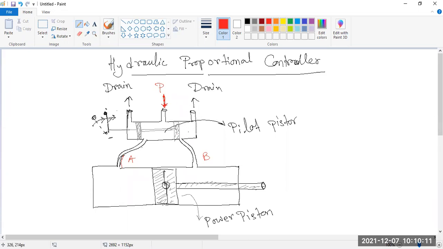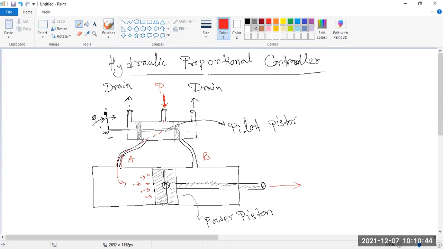So in this position, the fluid is coming over here, and it will try to push this piston towards this area, so the piston is going to this side.